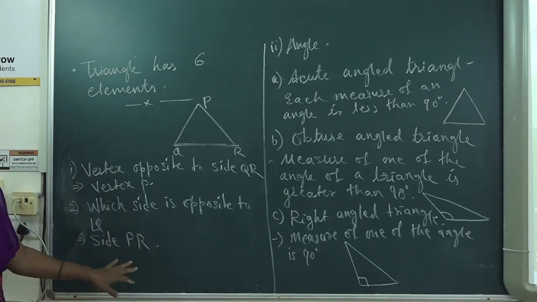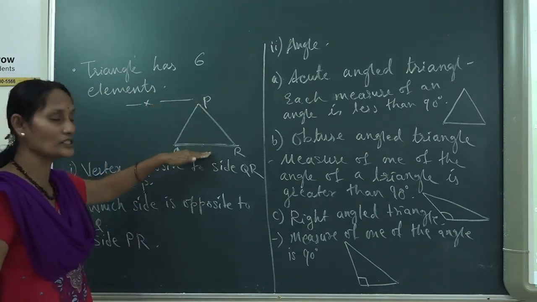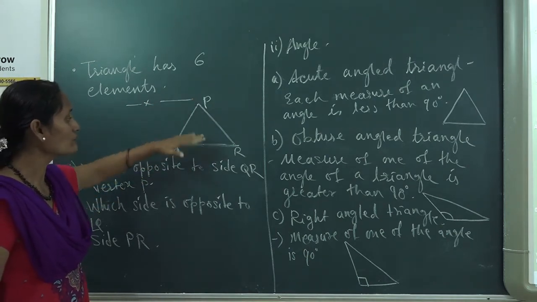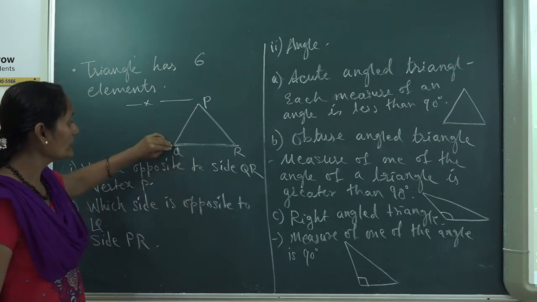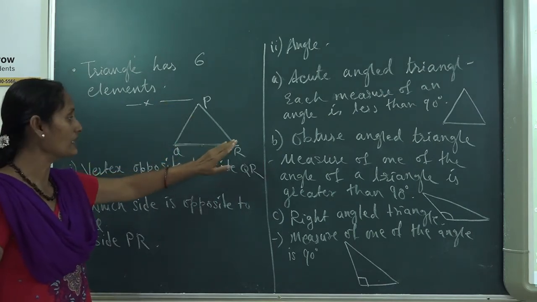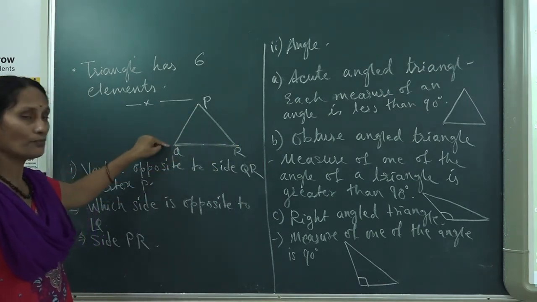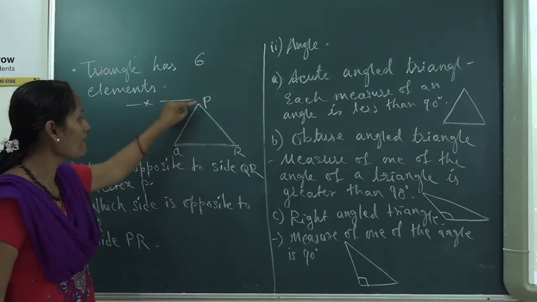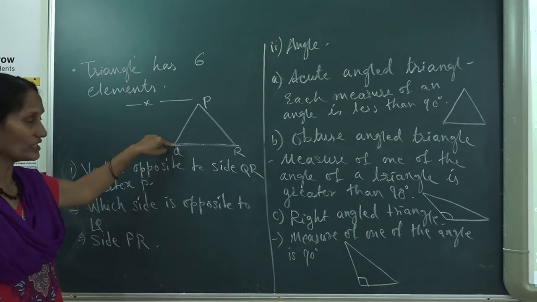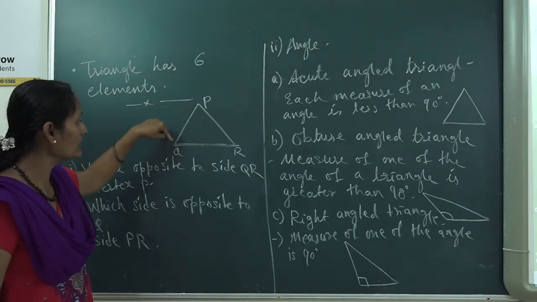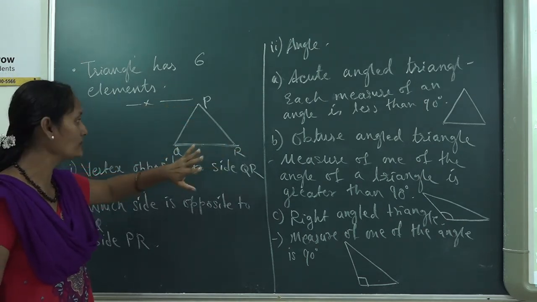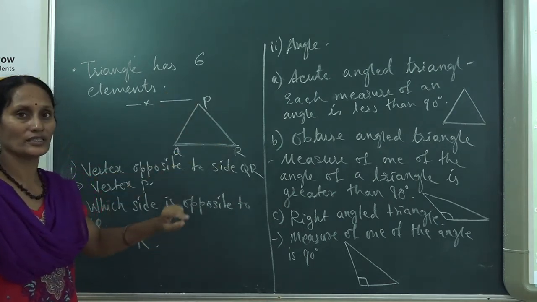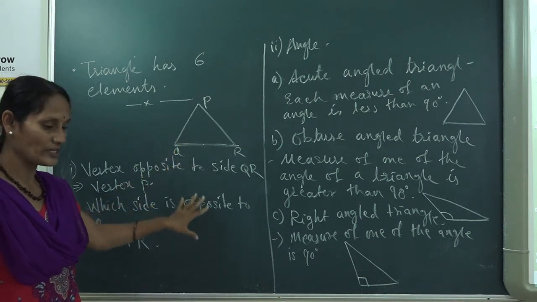Okay students, I hope you understood which vertex is opposite to which side. If you observe this figure, P is opposite to QR, Q is opposite to PR, R is opposite to PQ. Same case for the sides. To this R, side PQ is opposite. To this Q, PR is the opposite side. And to this angle P, QR is opposite. Okay students, I hope you understood this.